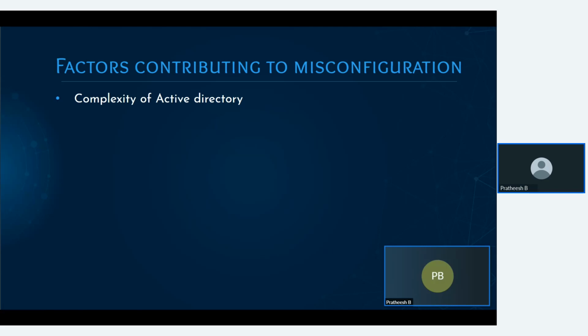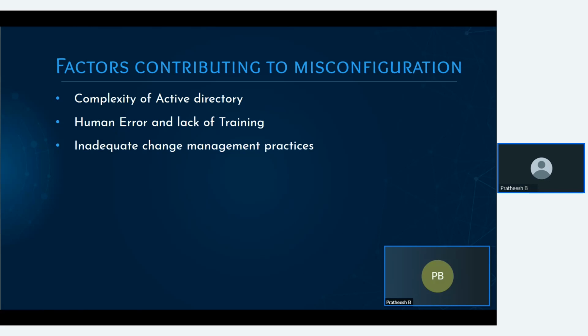When the level of complexity is high, we humans tend to make mistakes stemming from insufficient training, oversight, or lack of adherence to best practices. These often contribute to misconfigurations during deployment, maintenance, or troubleshooting tasks. In many cases, misconfigurations in Active Directory can be traced back to deficiencies in change management practices.